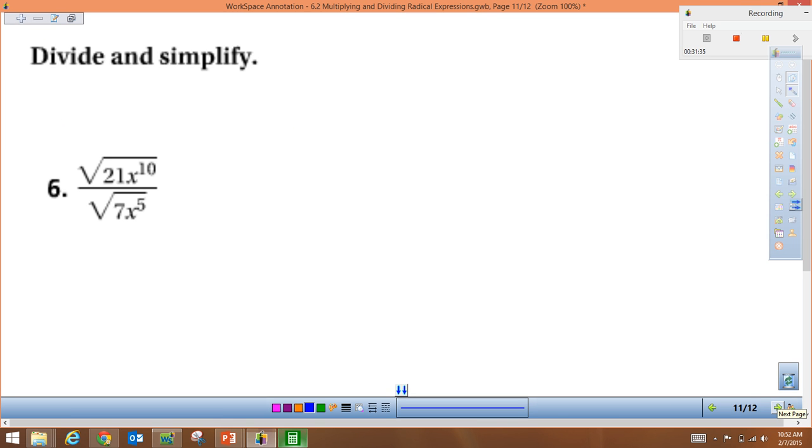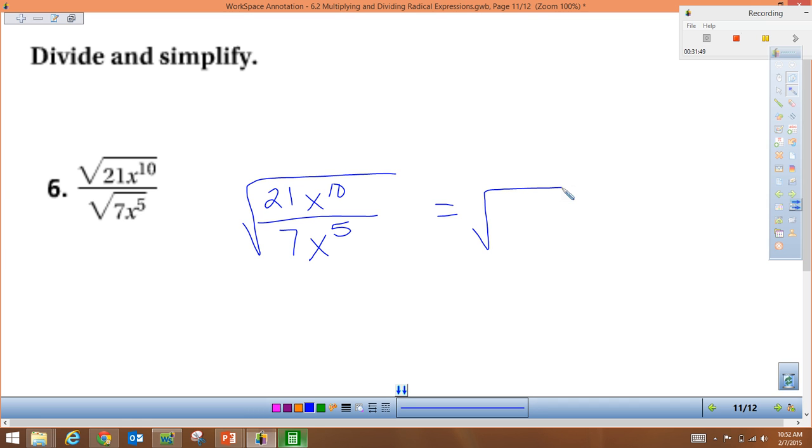One more example here, divide and simplify. Same idea. Square root of 21x to the 10th over 7x to the 5th. Let's divide the numbers. So we get 21 divided by 7 is 3. x to the 10th divided by x to the 5th is x to the 5th. Remember, we're subtracting exponents.